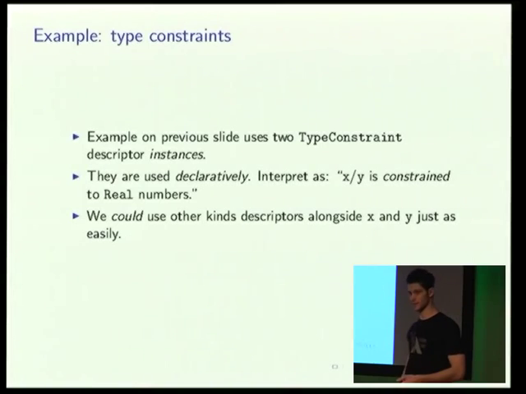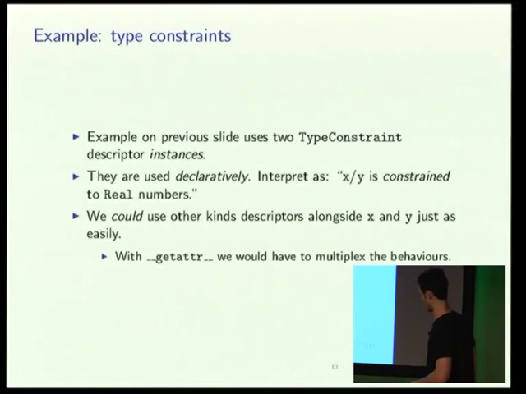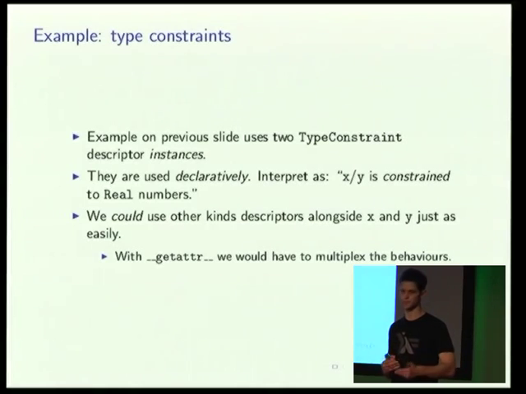Now we could use other kinds of descriptors alongside x and y. So this gets around the problem with __getattr__, where we would have to multiplex these different behaviours into a single implementation of __getattr__, or likewise with __setattr__. In this case, if we have two different attributes that we want different behaviours for, we just use the appropriate descriptor for each of them.